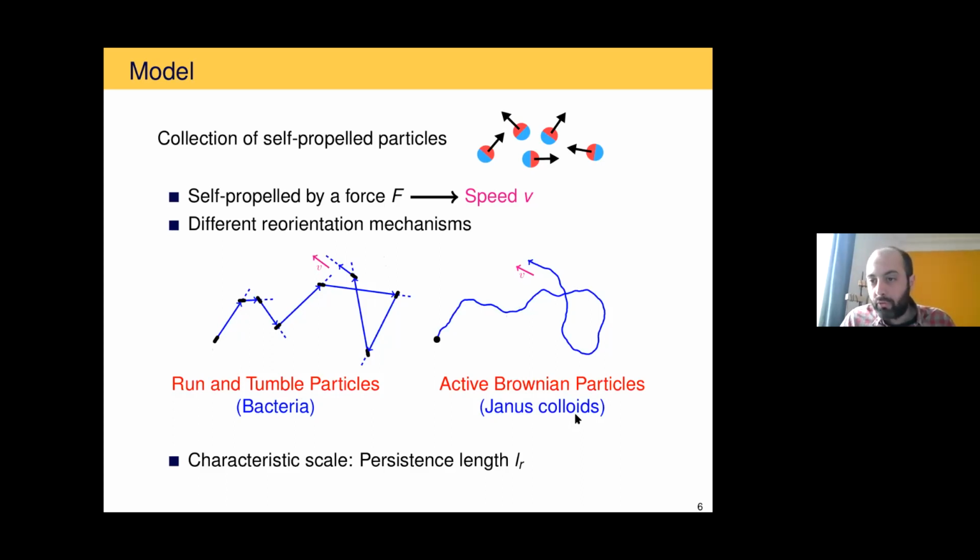But actually, for everything I will tell you today, you can forget about these differences. And the only thing that's important is that this particle is self-propelled with a characteristic scale, which is the persistence length of their motion. So that's the distance that they travel before they forget their orientation.